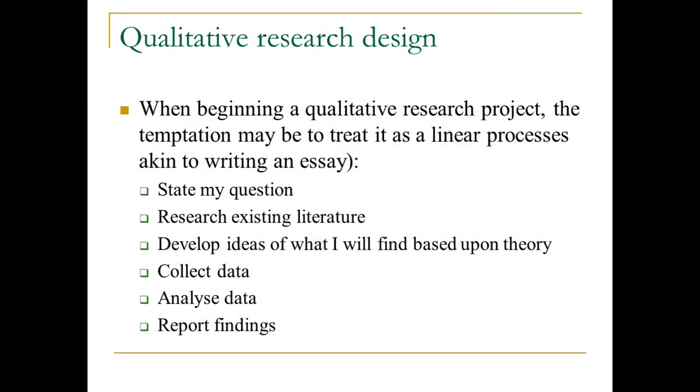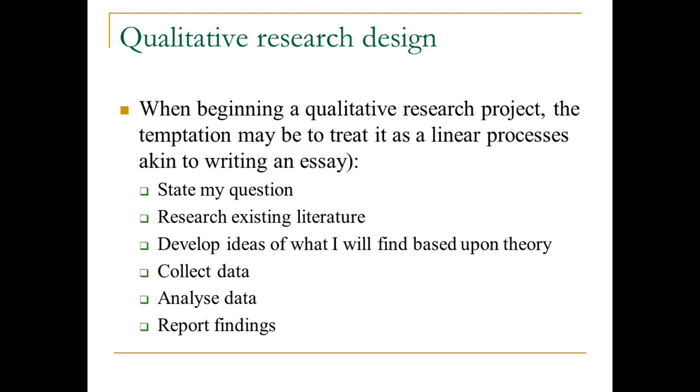When starting your qualitative research project, it might be very tempting to treat it similarly to the linear process of writing an essay, or even of quantitative research, where you state your research question, you investigate your literature more deeply and read around it, and identify gaps in the literature that need to be addressed. You would then develop an idea of what you would find in the data based on the theory, collect your data, analyze your data, and report your findings.